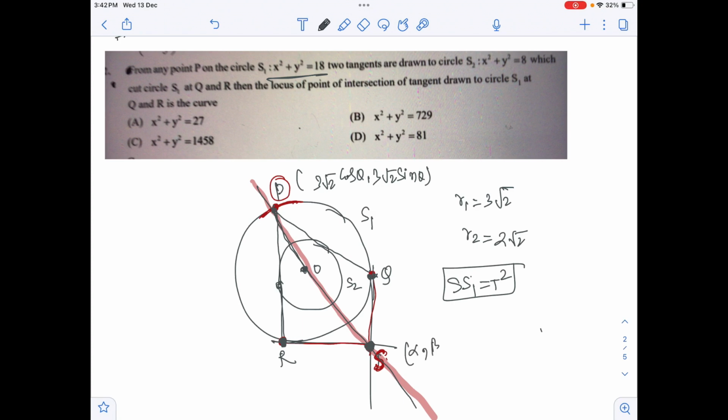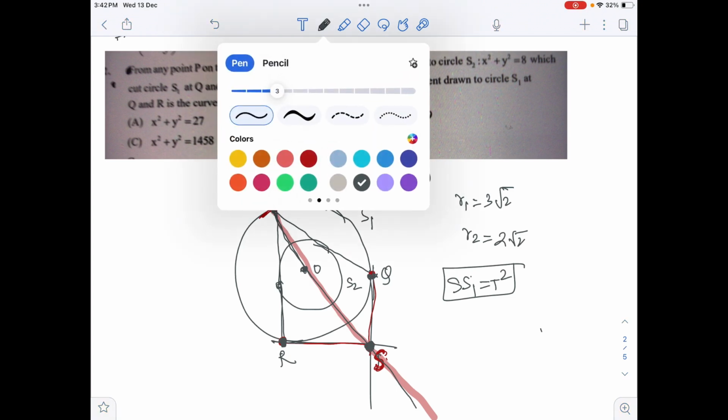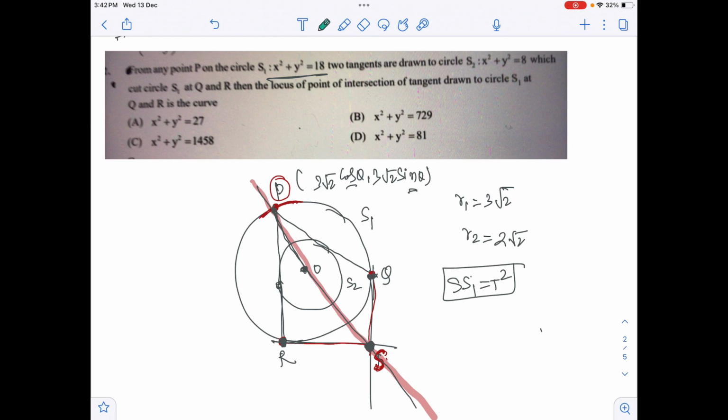The point of intersection alpha and beta will come in terms of theta, right? Then eliminate theta using sin square theta plus cos square theta equals 1. We'll get the relation, and that will be the answer. Now since the options are so nice, like it's a circle, and moreover this approach will be time taking, we can still think of another approach.